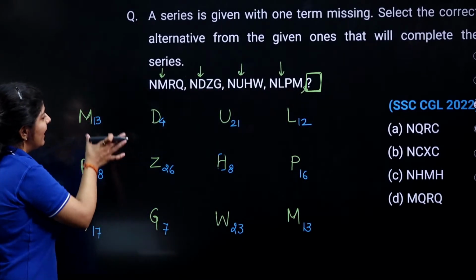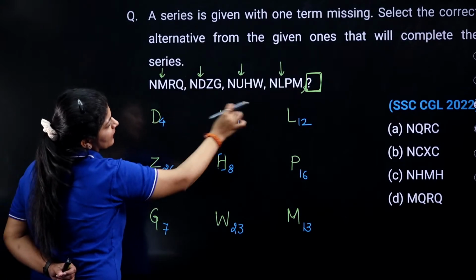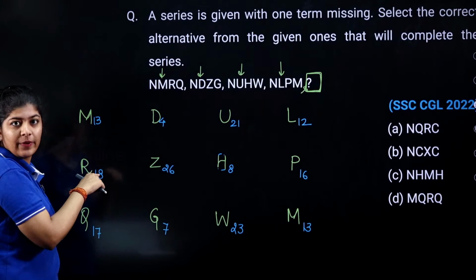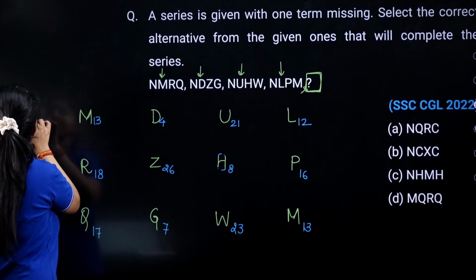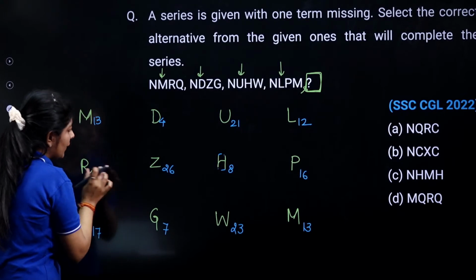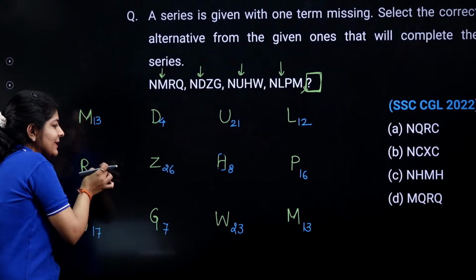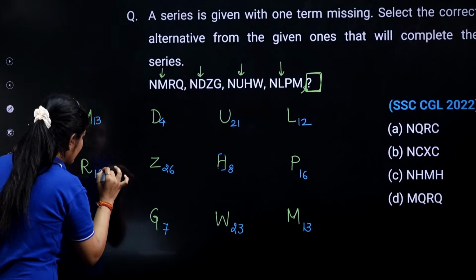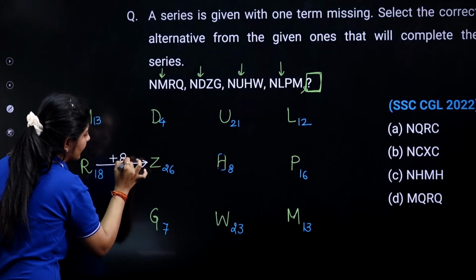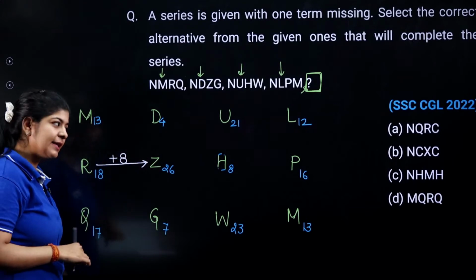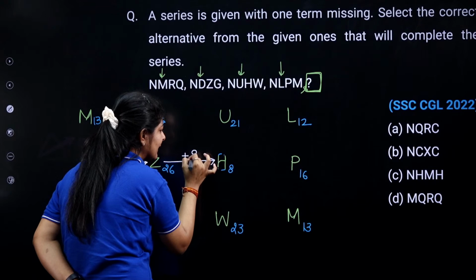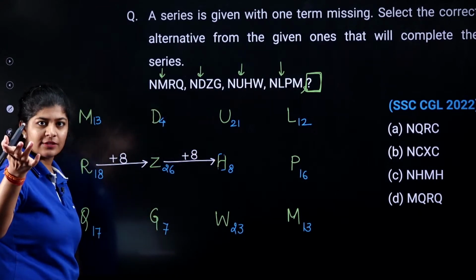As I can see that the difference between these elements is quite huge, so I am directly switching to this one. If I try to find the difference between 26 and 18, we can say that if I add plus 8 in this one, we are getting 26. If I add plus 8 again, I know that 1, 2, 3 is going to start.